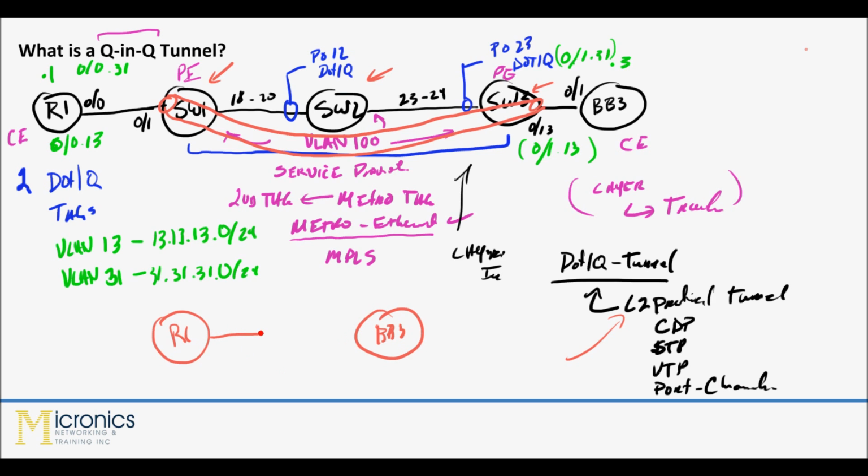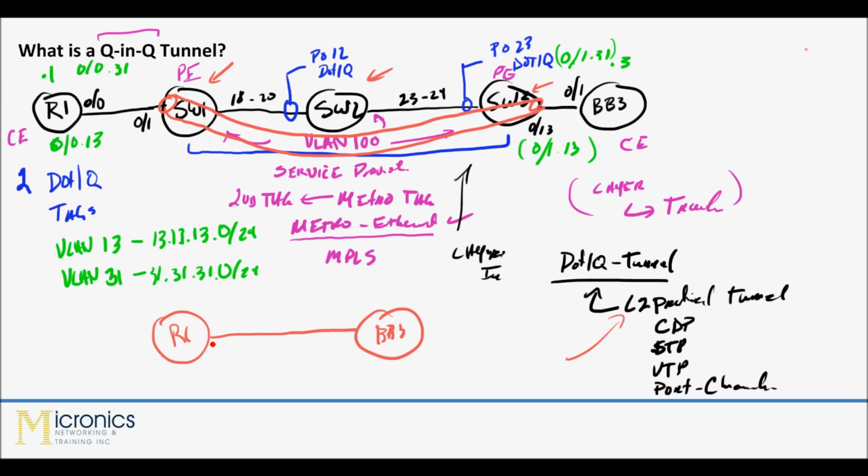Now, we've spent a great deal of time talking about logical versus physical topologies. This up here, R1 connected to SW1, connected to SW2, to SW3, to BB3, is the actual topology. However, we still have this logical connection that we've been discussing regarding using VLAN for the QnQ tunnel.